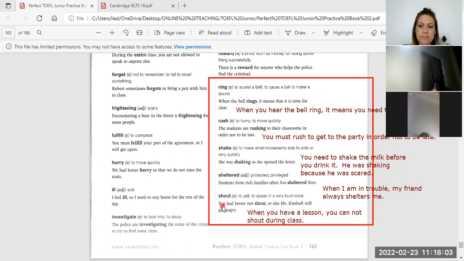Shout. Shout mean to yell, to speak in a very loud voice. To yell. Ring. A ring, to sound a bell, to make a sound. Okay. Rush.